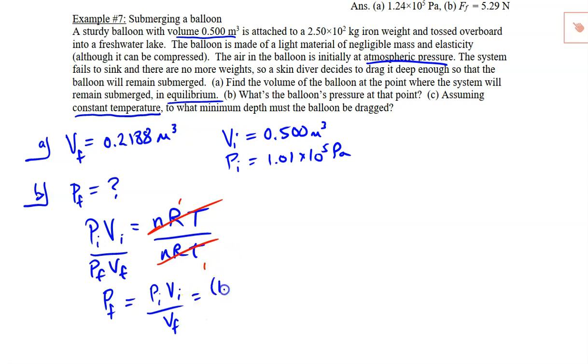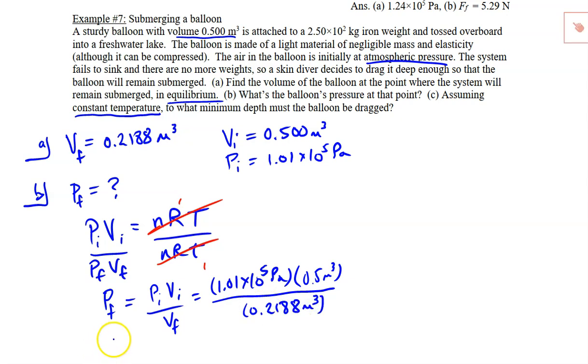That would be 1.01 times 10 to the power of 5 pascals, times the initial volume of 0.5 meters cubed, divided by the final volume of 0.2188 meters cubed. So our pressure is 2.31 times 10 to the power of 5 pascals, I think, yeah. Okay, so now we use the ideal gas law.